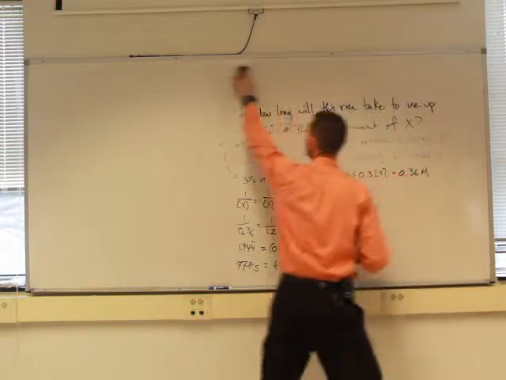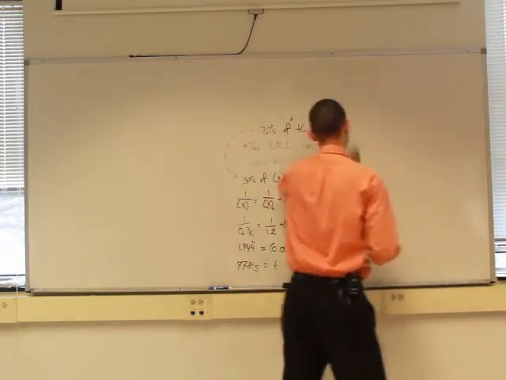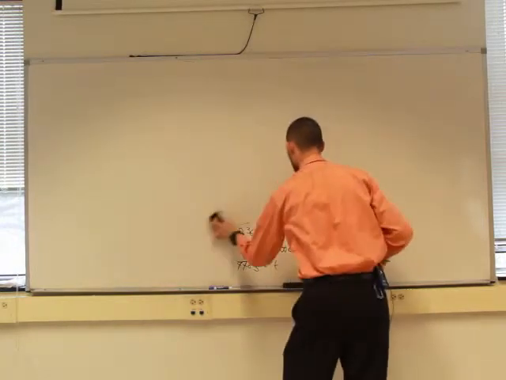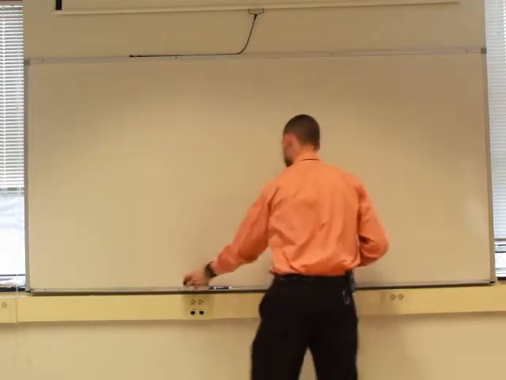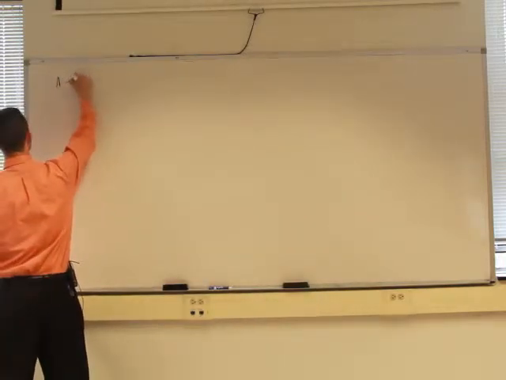All right, let me do another one to show you a different way we could put together a bunch of these pieces, in a different order. How about A to produce 2B?